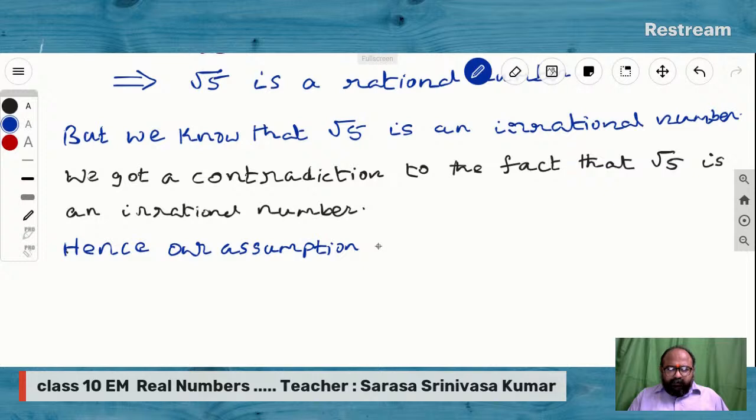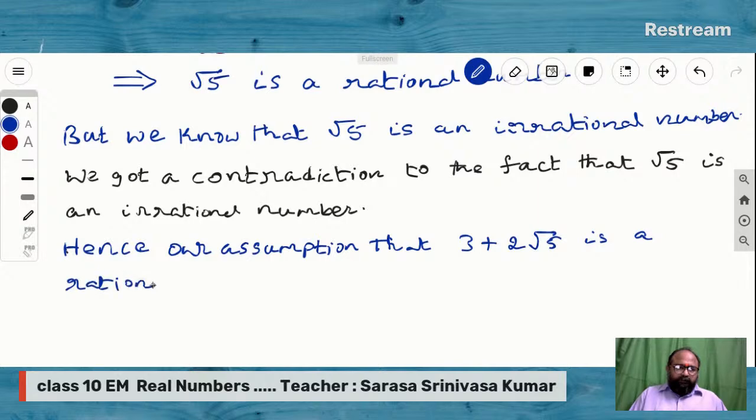Hence, our assumption that 3 plus 2 square root of 5 is a rational number is wrong.